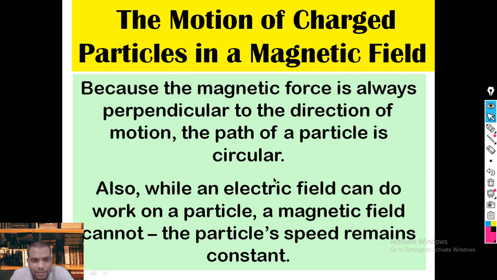Other than that, an electric field can do work on a particle, but a magnetic field cannot, because the magnetic force never has a component that is parallel to the particle motion. That is the reason the particle speed remains constant in circular motion. So try to get this point very carefully.